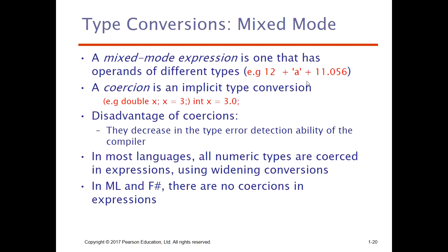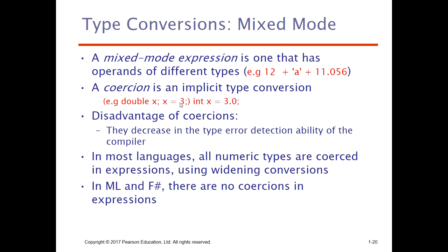Coercion, on the other hand, is an implicit type conversion. Implicitly, it is converted to the type that has been declared for it. In this example, x has been declared as double in C or C++, and we assign 3 to x, like saying x equals 3.